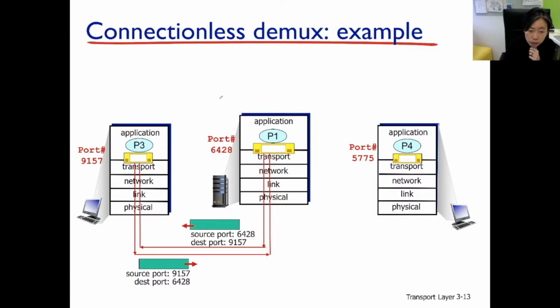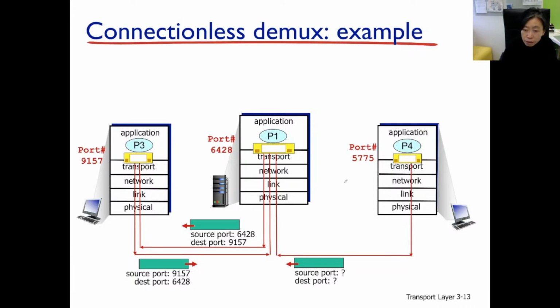And the return messages, the replies from the server, would then carry the source port number being the server's port number and the destination port number being the original request sender's port number, 9157, the client's port number. So you see also how P1 can generate the reply. The port numbers are essentially the reverse of the requests.